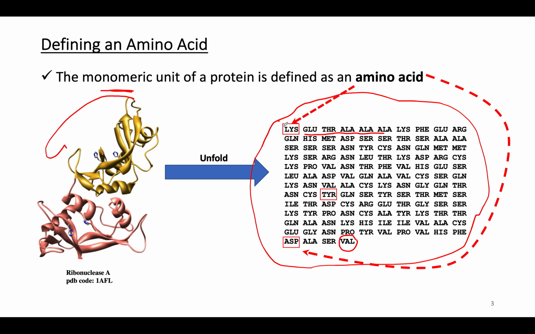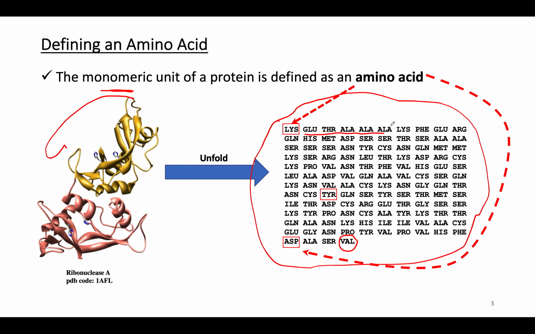Here you have lysine, glutamic acid, threonine, alanine, alanine, alanine, and so forth. If you continue to read the sequence of ribonuclease A, every time the sequence will be the same. So the arrangement of amino acids in a specific protein in the physiological system is always the same.